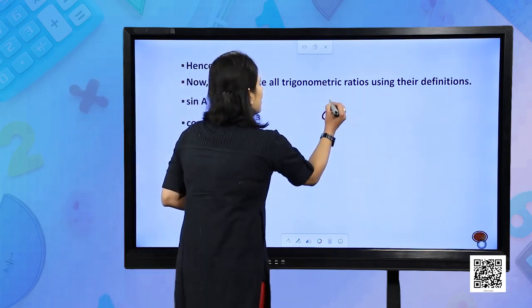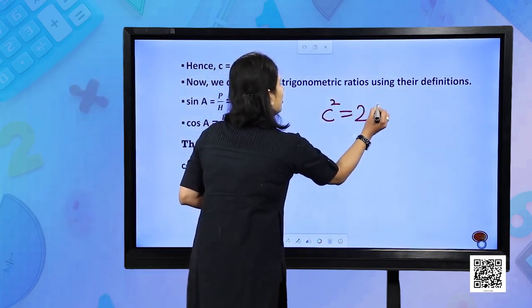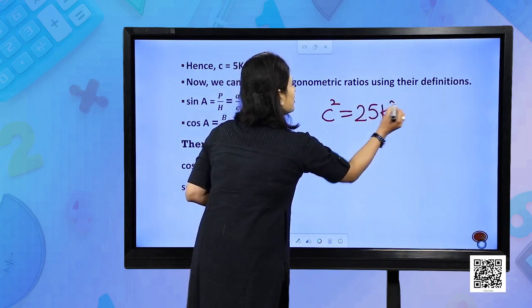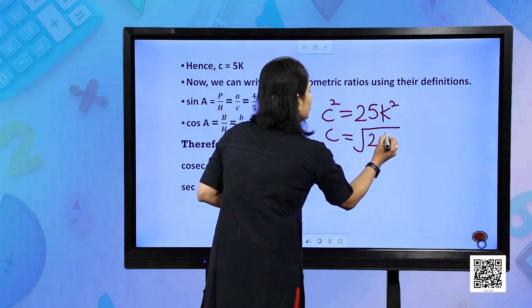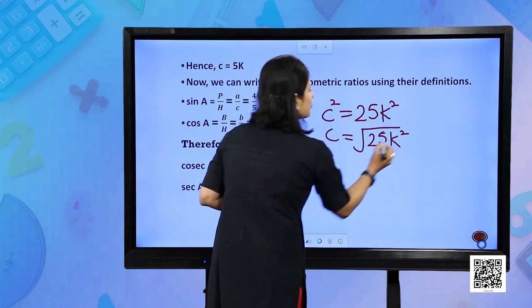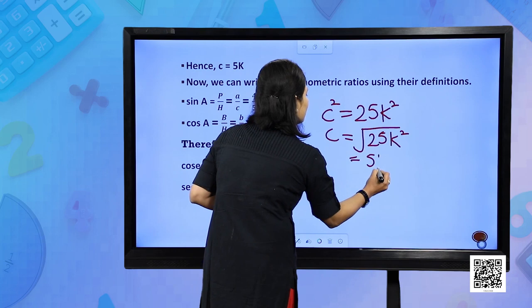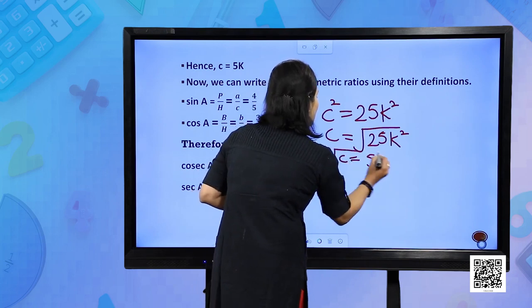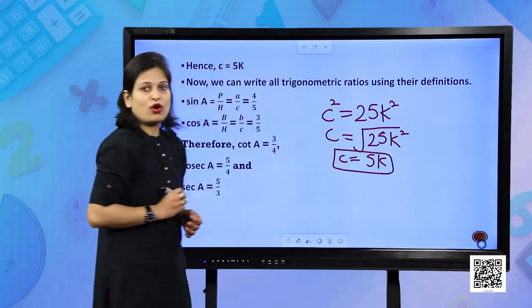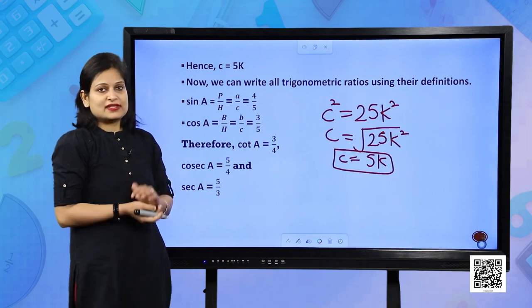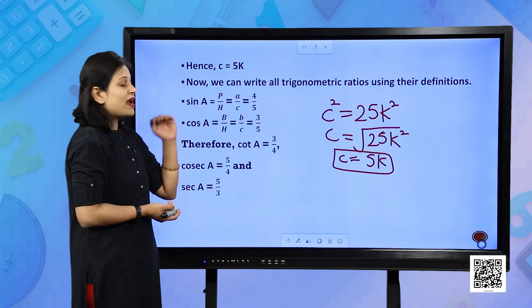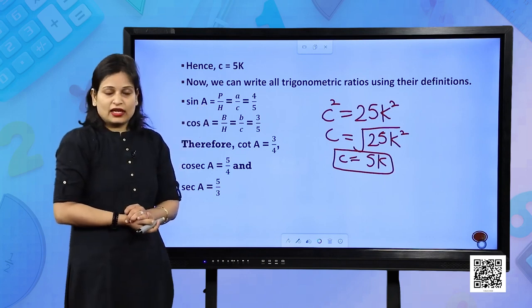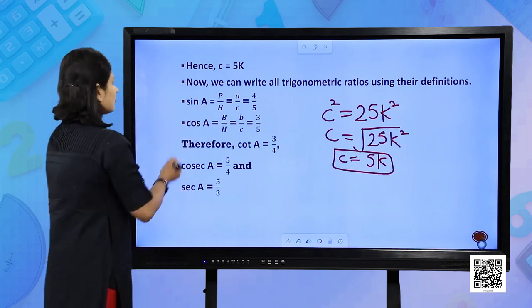As you know, c square is 25k square. So c will be square root of 25k square. You will get 5k. Now you have the value of a, b and c, and you have to calculate the trigonometric ratios with respect to angle A. So what will you get?